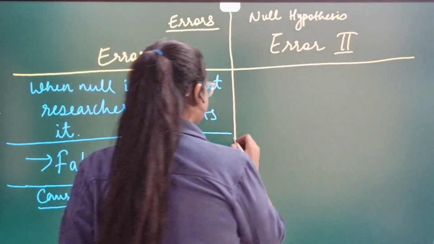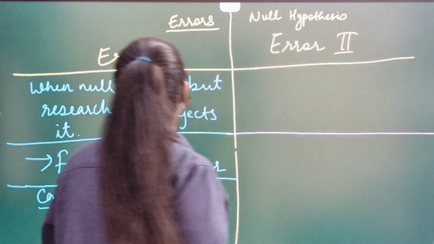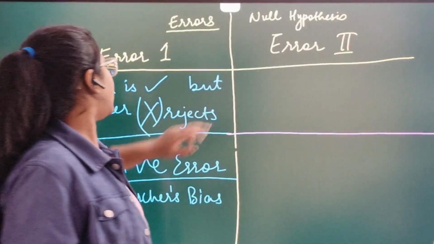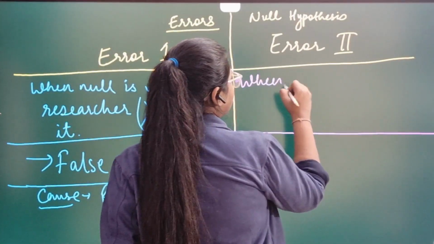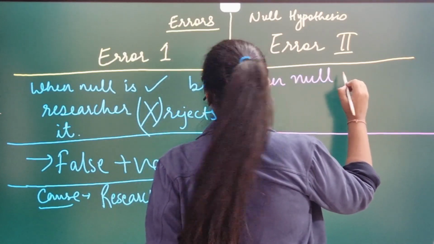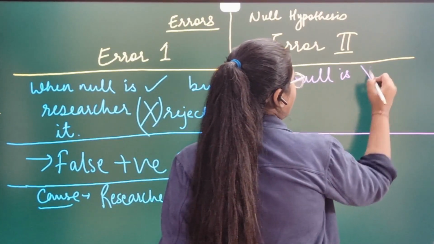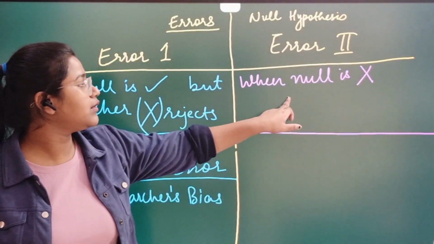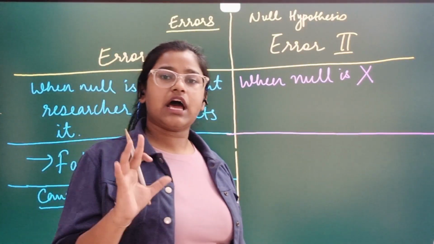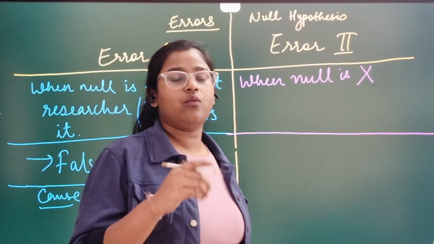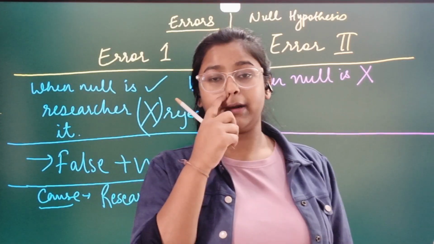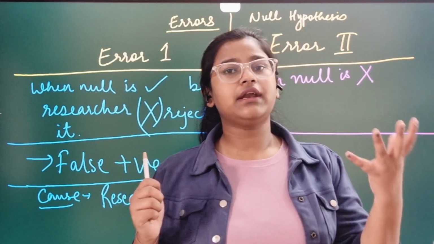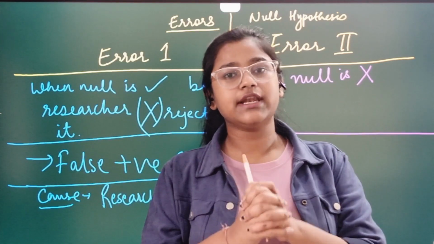Why? Let's understand. Here I write: when null hypothesis is wrong. First you tell me, when will the null hypothesis be wrong? Null hypothesis will be wrong, ma'am, when there is a difference between the independent variable and dependent variable relationship.